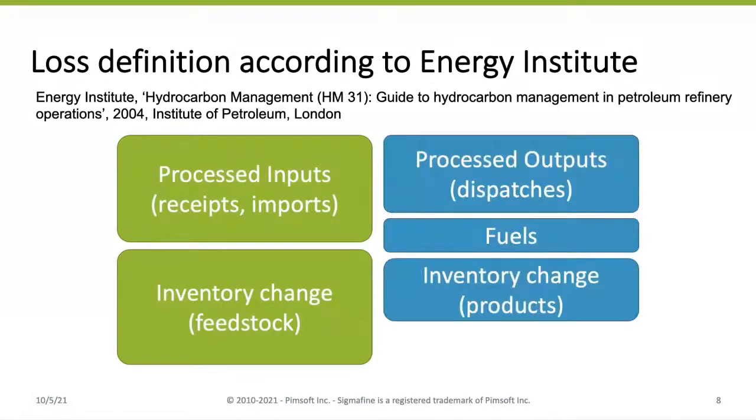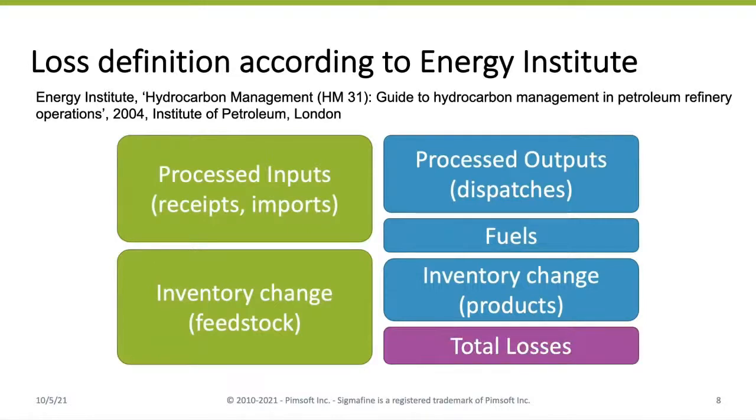On the other side, we have the outputs, which can be divided into the dispatched products, the fuels which are used as internal consumption, and the change in the product inventories. The difference between the two sides is the total losses of the refinery. Later, we will analyze them in more detail.